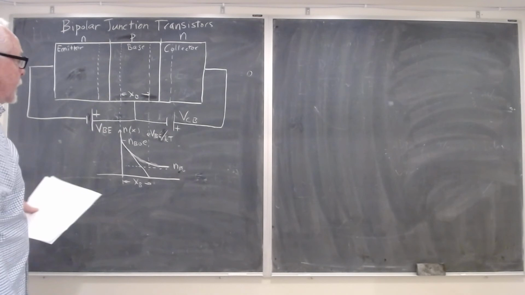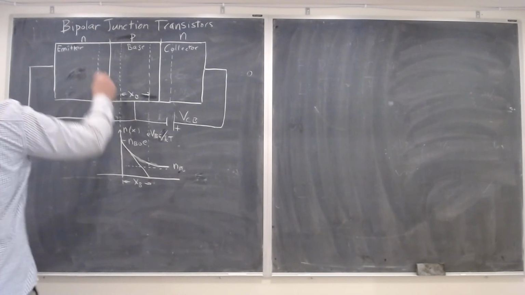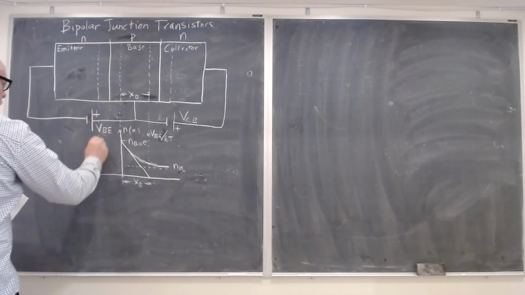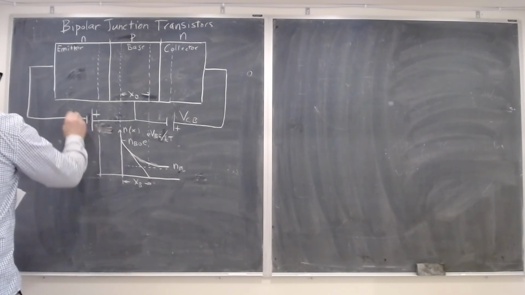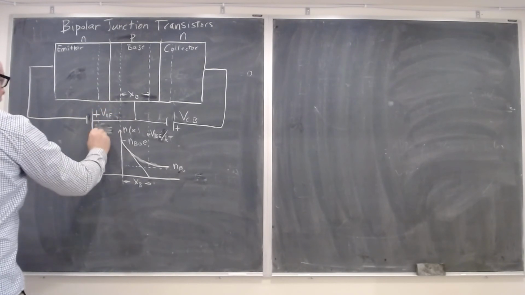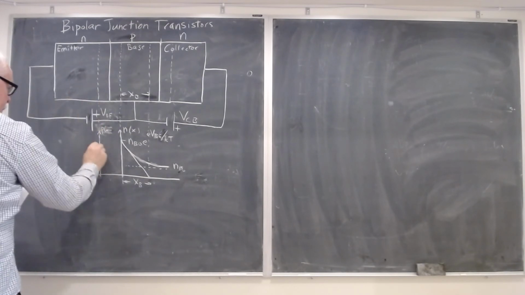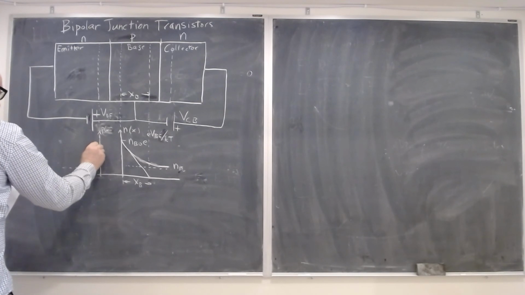Now, the same thing happens on the other side over here, kind of. So let me move that VBE over here. Now this is P of X, the injected hole density in the emitter, and I'm going to purposely draw that lower.